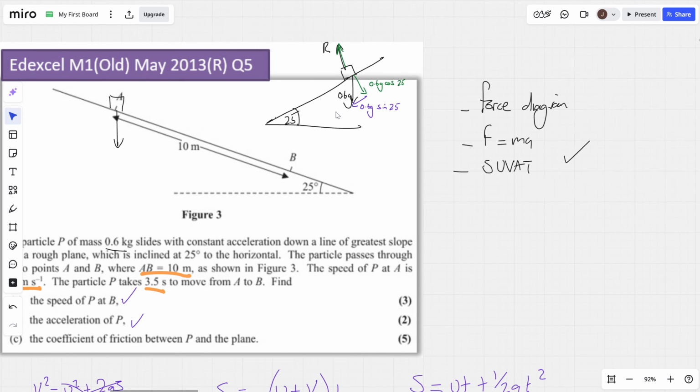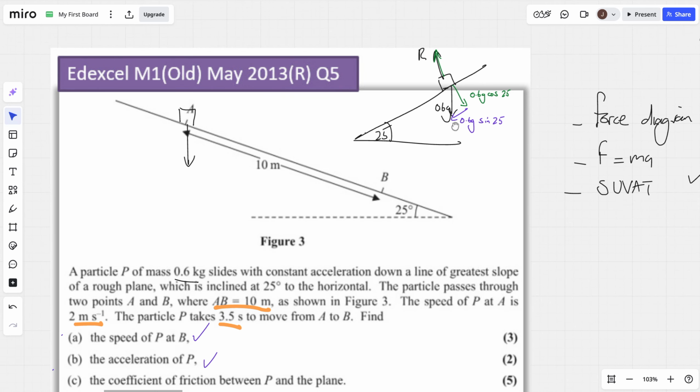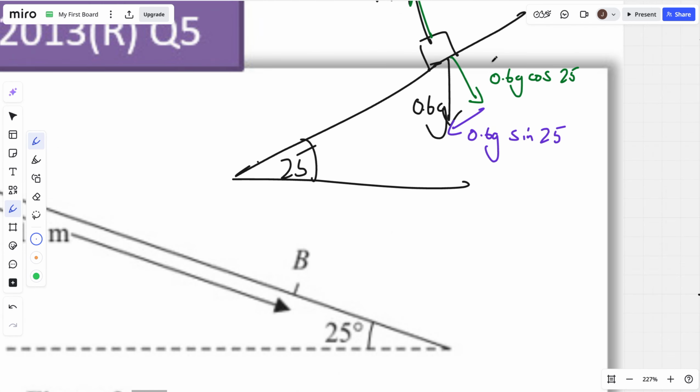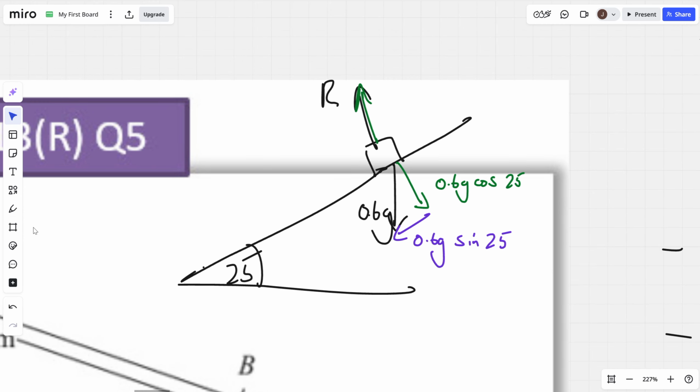So let's just get the rest of our forces down on our force diagram before we do anything else. So that's a very basic situation. It must be a rough plane, because it's going down and there are no forces up, that's another reason as well. We know that the friction on this diagram must be as follows.